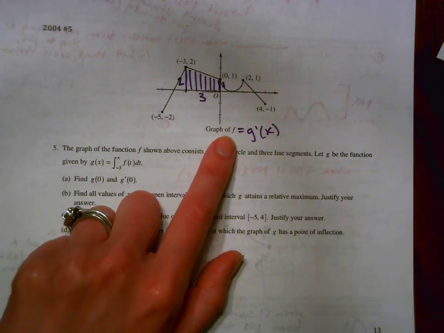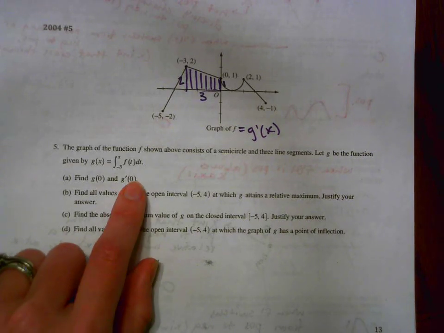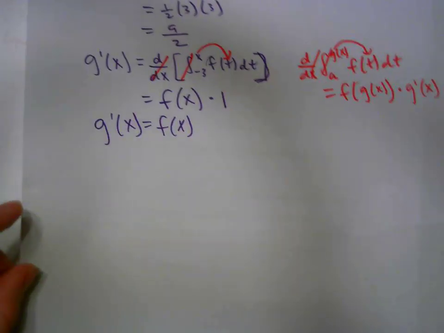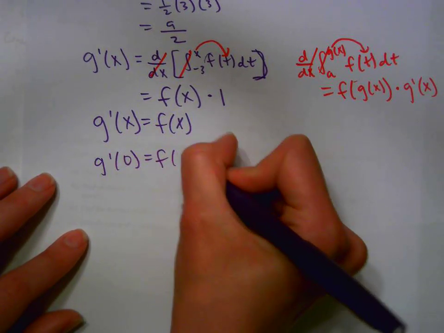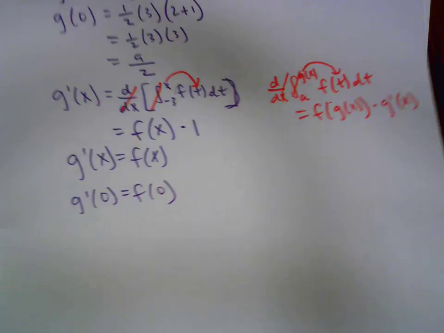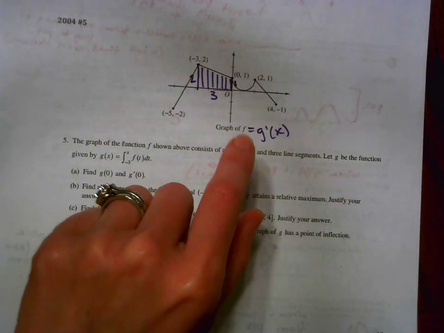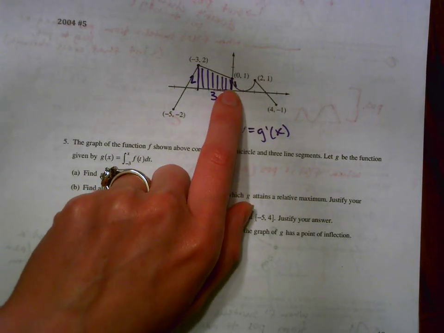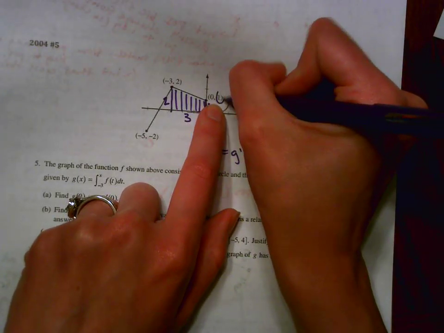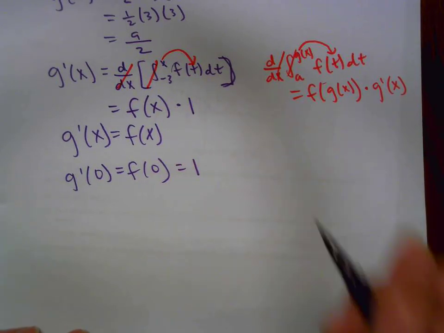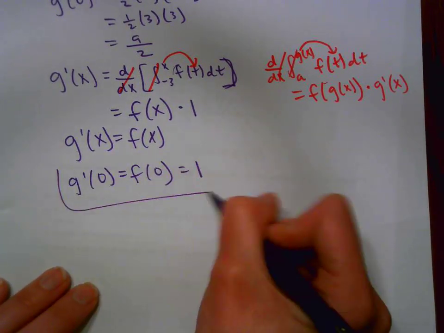It's like they give you the g prime graph, if you're talking about g. So we want g prime of 0. So g prime of 0 just equals f of 0. Well, we can just go to our graph and get that point, right? Because this is f. What is f of 0? Here's 0, so f of 0 is 1. And that would be that answer.